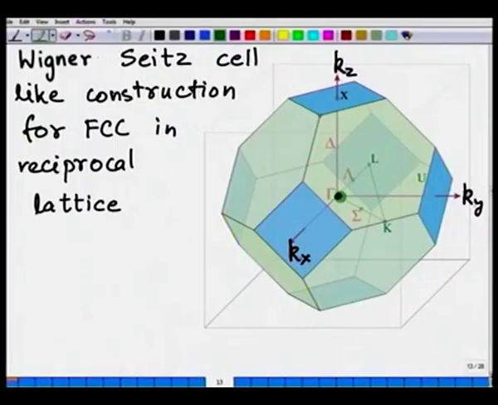I have already mentioned what Brillouin zone is, but what I am going to do now is work with you, and instead of in 3 dimensions I will do this in 2 dimensions to show you how a Brillouin zone is constructed and what it means. So, let us do that part first.